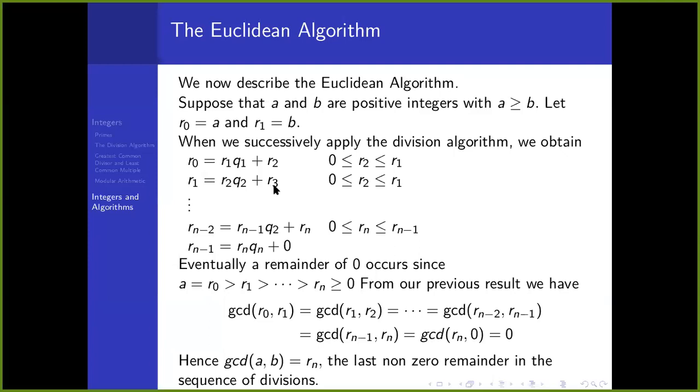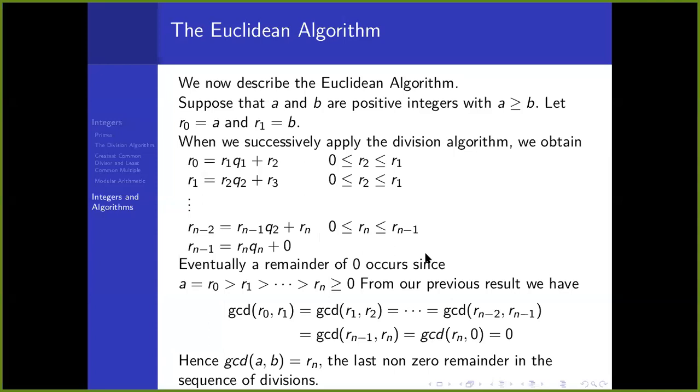So we are not losing anything by repeating the process. We still retain our GCD until we get to the last step. Now, from the last step, we can conclude that the GCD of Rn minus 1 and Rn should be equal to the GCD of Rn and 0. And the GCD of Rn and 0 is definitely Rn. So in this process, you will get your greatest common divisor as the last non-zero remainder in this algorithm.